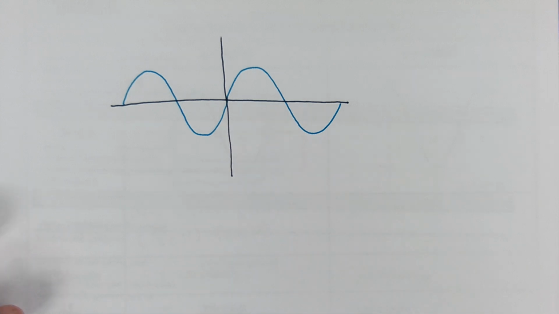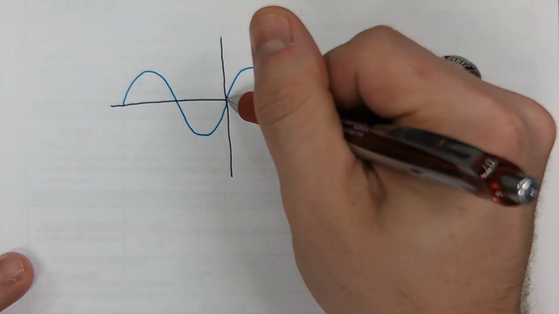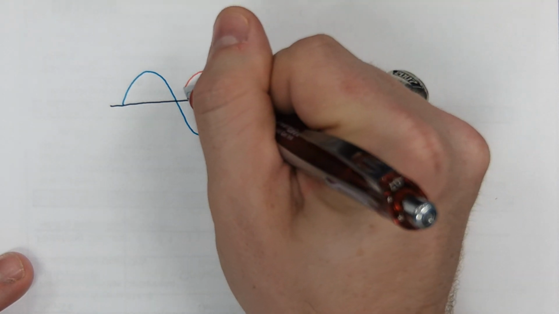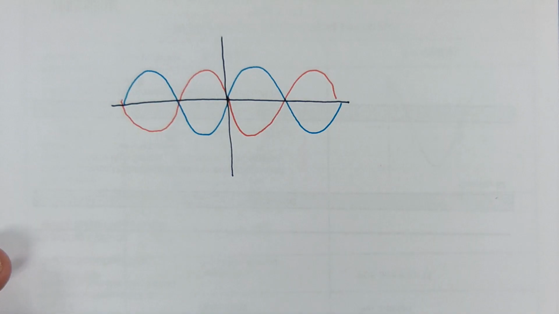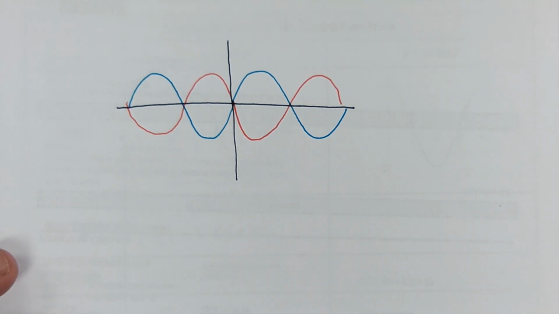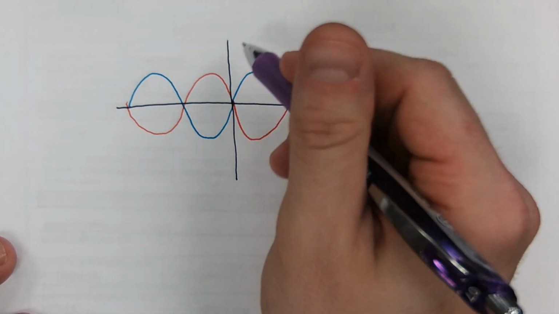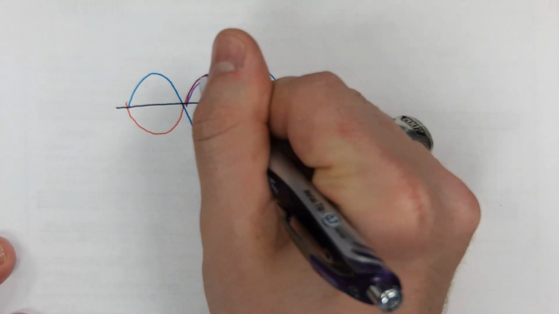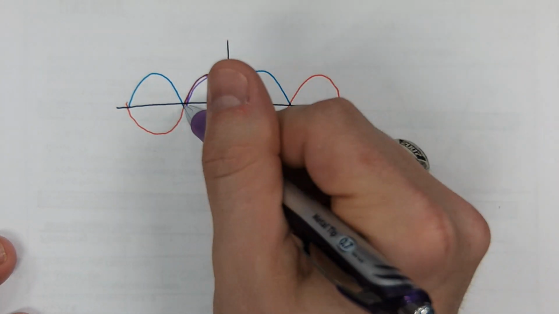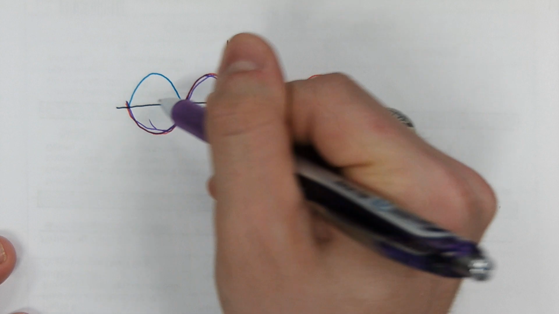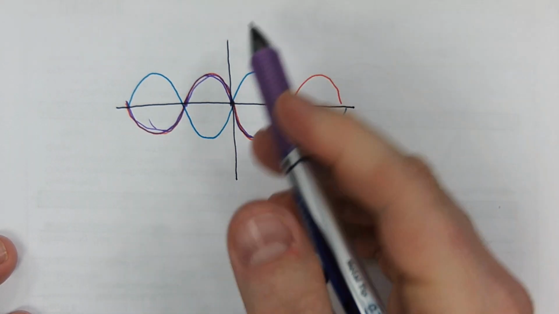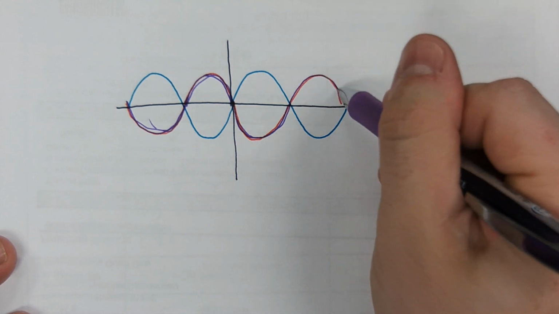So if I turn this graph upside down, I get this image in red. And if I reflect it over the y-axis instead, let me draw this blue bump, reflect this blue bump over the y-axis.